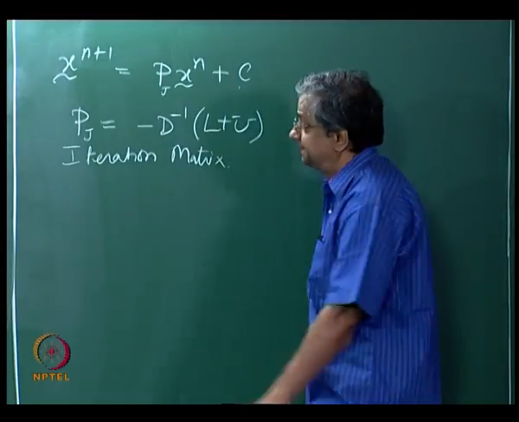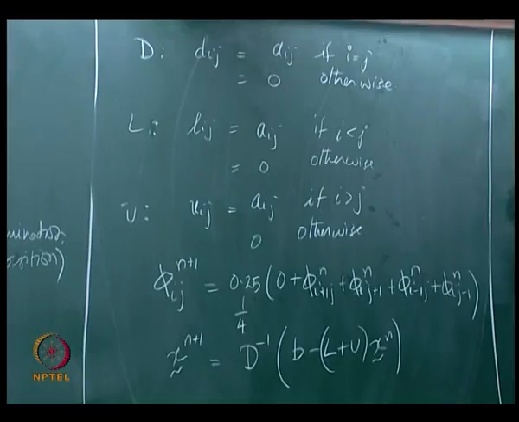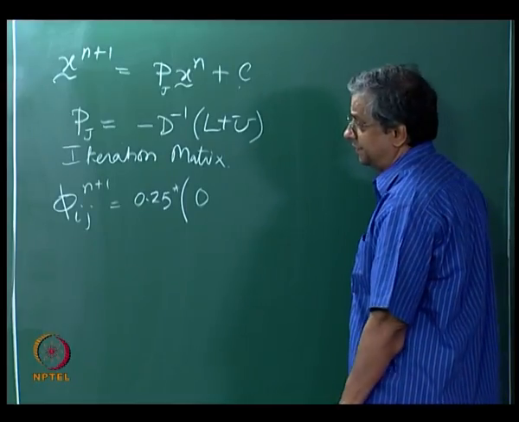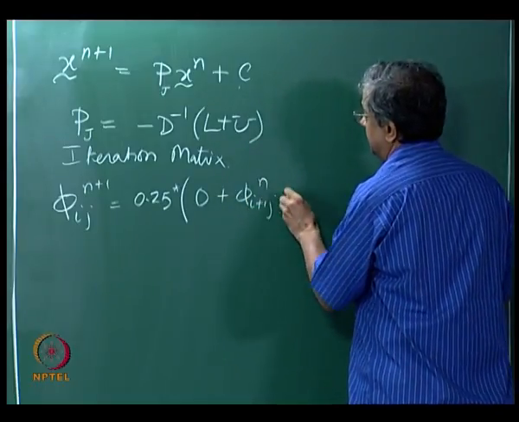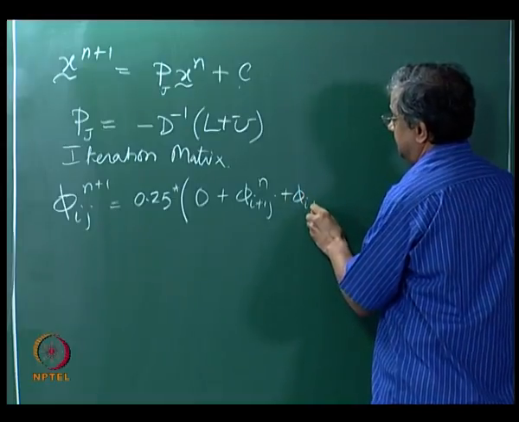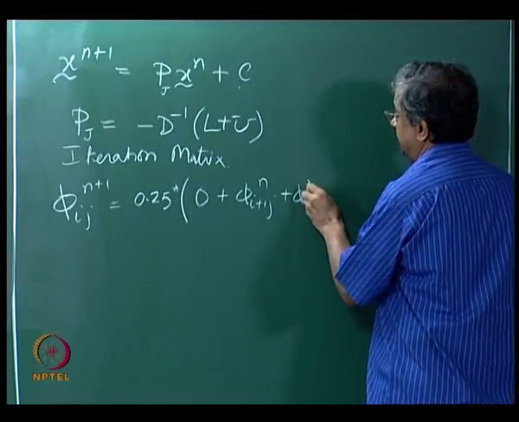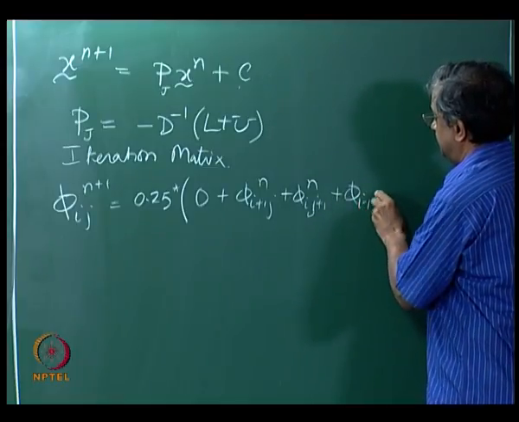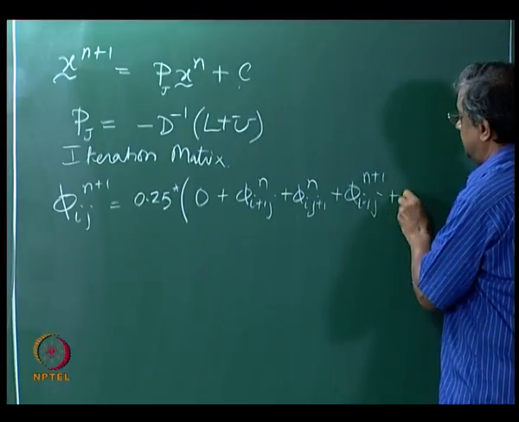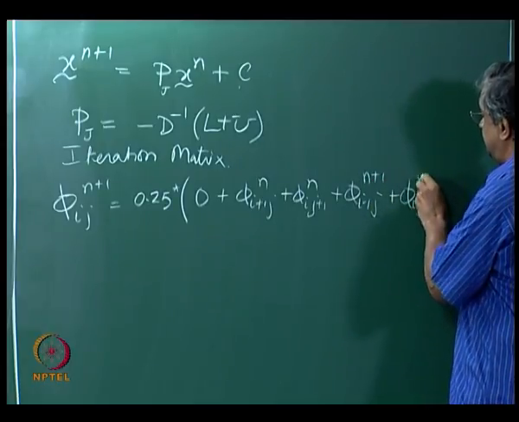Gauss-Seidel is going to have, if we did Gauss-Seidel instead, phi I j n plus 1 equals 0.25 times, my right hand side happens to be 0, I am just picking some arbitrary entry, plus phi I plus 1 j n plus phi I j plus 1 n plus phi I minus 1 j n plus 1 plus phi I j minus 1 n plus 1.